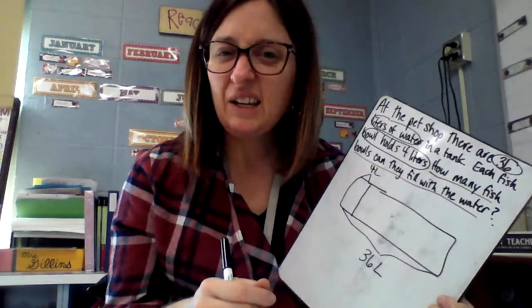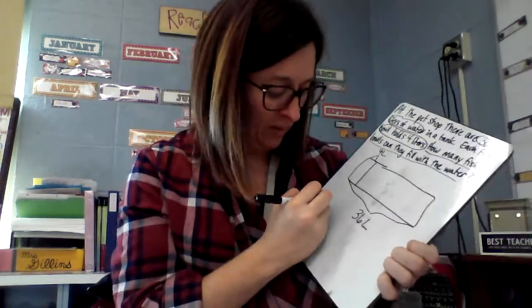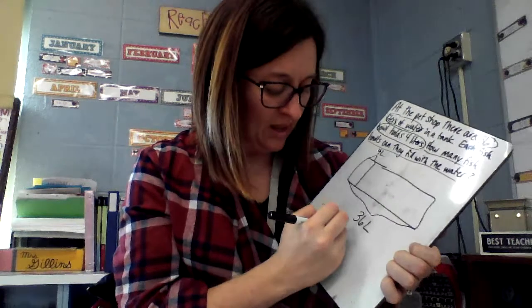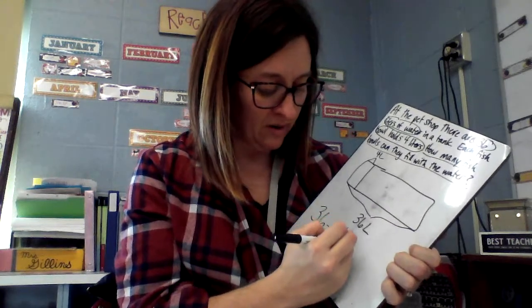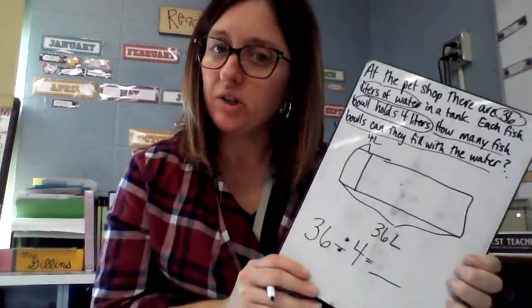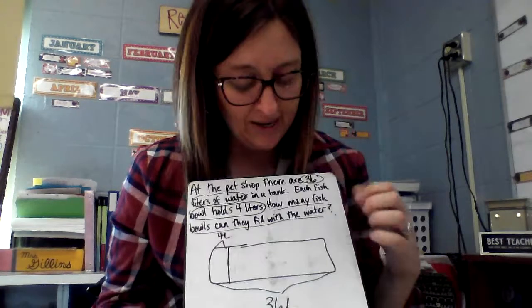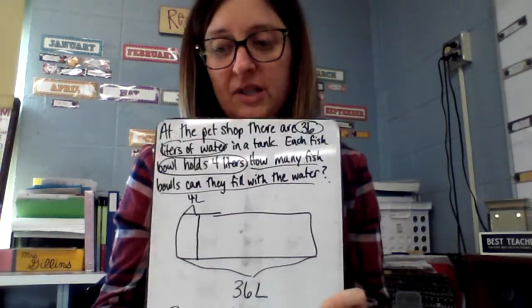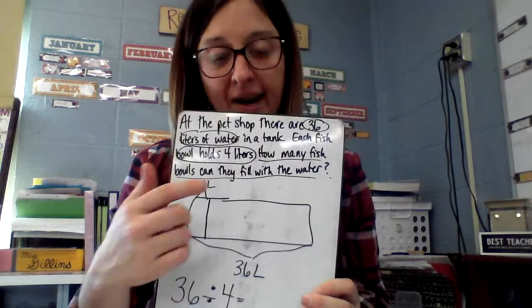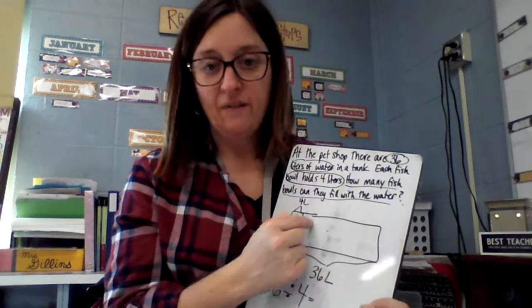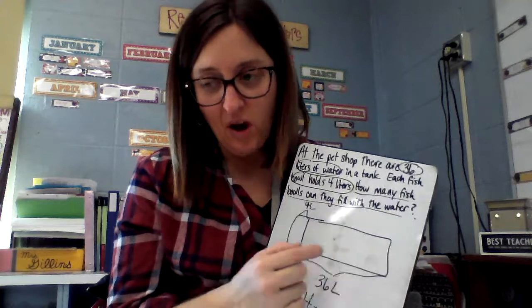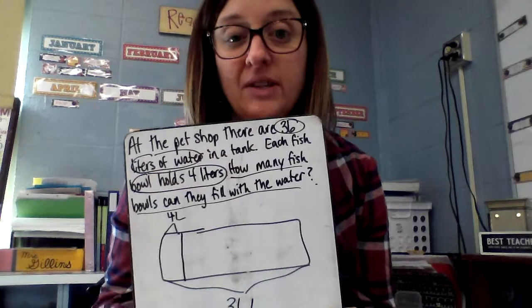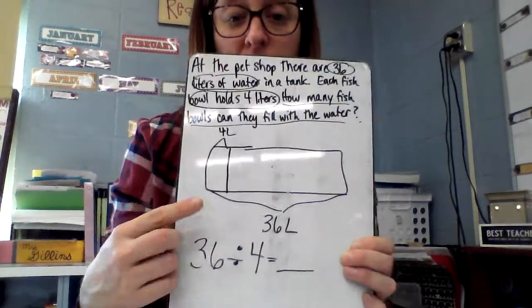This is sounding and looking a lot like a division problem. It's almost like I'm trying to do 36 divided by 4 equals, well, we're not sure. How many times am I going to have to count by 4s to get to 36? Let's try it. I could draw it out, 1, 2, 3, 4, 5, 6, 7, 8, 9, 10, 11, 12. But I think we're going to count it out this time. So let's count by 4s until we get to 36.